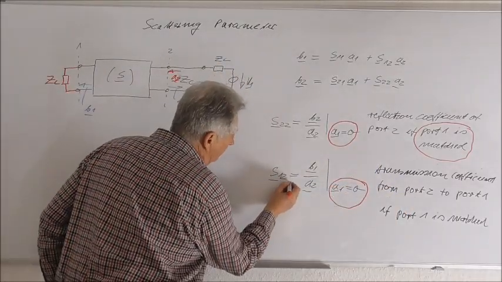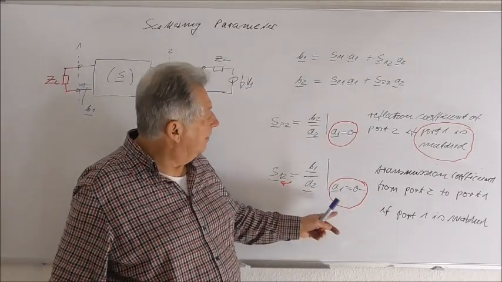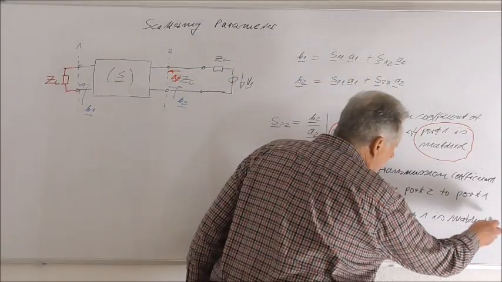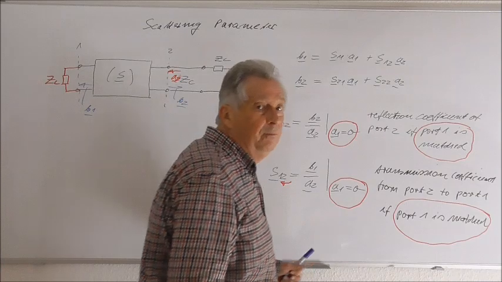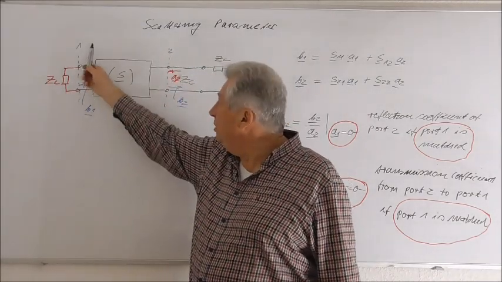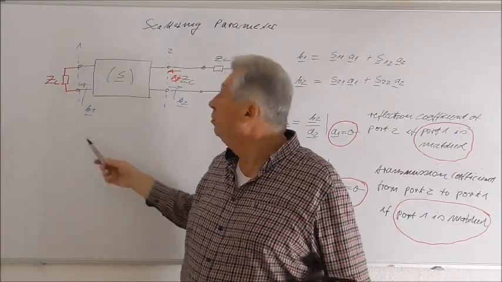So we have again a transmission in this direction here. And again we must assure that port 1 is matched. So the matching of port 1 is done by connecting ZC to port 1 of our 2-port.